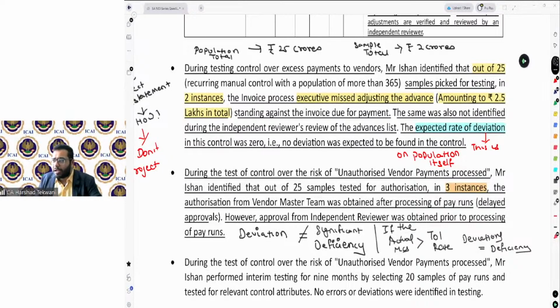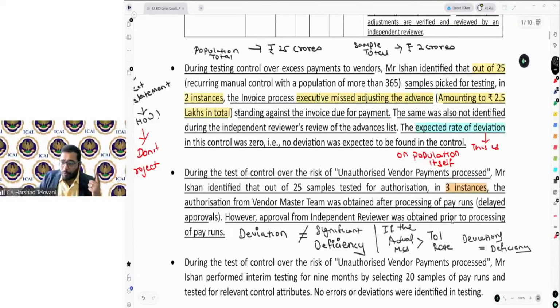A significant deficiency in internal control is a deficiency or combination of deficiencies in internal control that in the auditor's professional judgment is of sufficient importance to merit the attention of those charged with governance. It means one or more deficiencies together are of such a nature that they require the attention of those charged with governance. If I go to them and say, in 3 instances there is a delayed approval, I cannot say this is a significant deficiency.